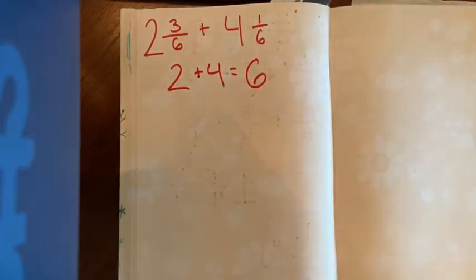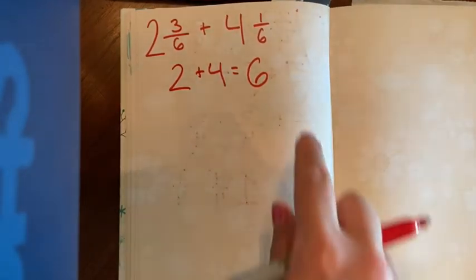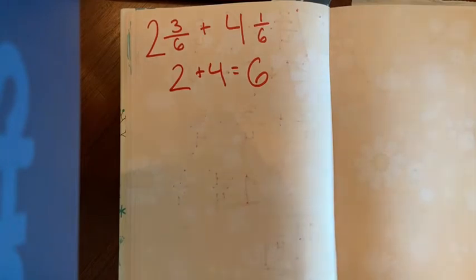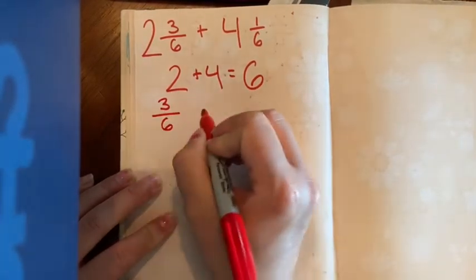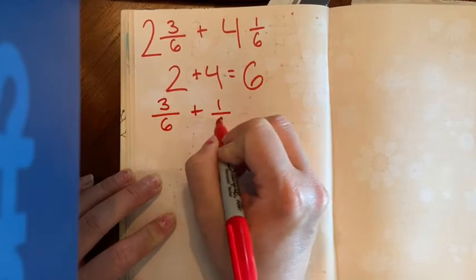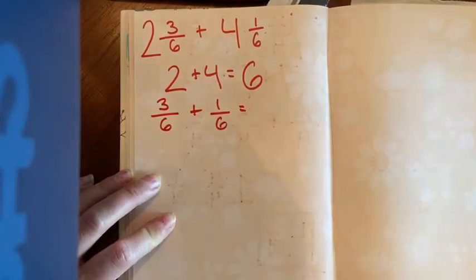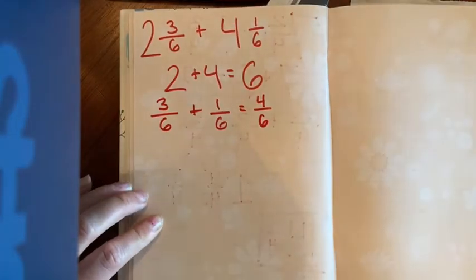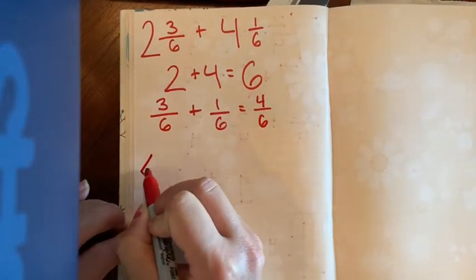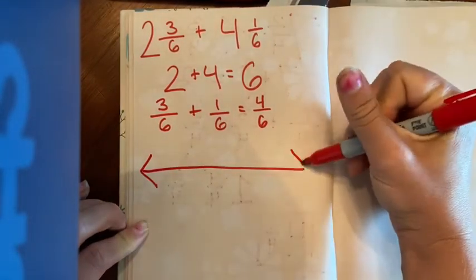So we know when we create that number line, we're going to have at least 6 wholes. Now that we have that information, we want to add the fractions. So our fractions are 3/6 plus 1/6, giving us the total of 4/6.